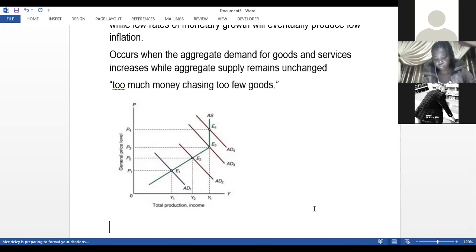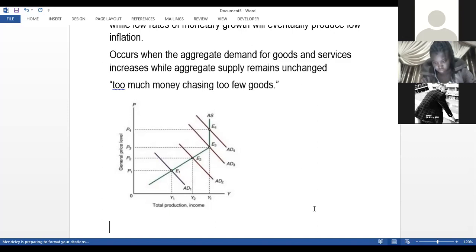Whenever we have aggregate demand shifting from one level to another, it means that there's an increase in the aggregate demand that is being influenced by exogenous factors, which are factors other than the price level itself. So we'll be looking at factors like, in this case, the increase in the money supply, or maybe the increase in people's incomes, or the increase maybe in various demands for particular goods and services within that economy.